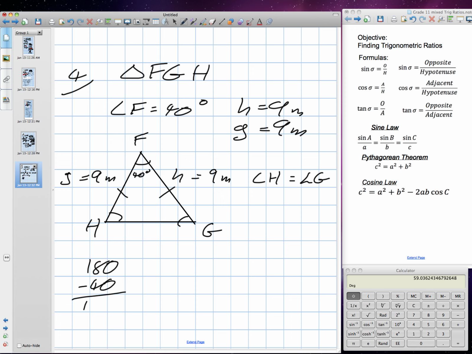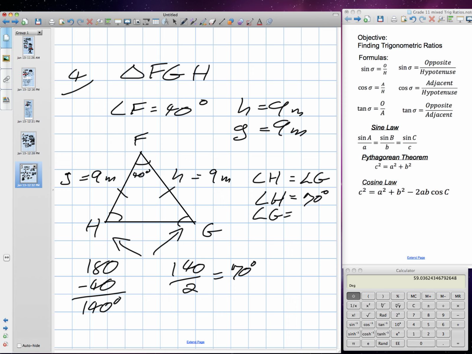I have 140 degrees to split between these 2. 140 divided by 2, each of those angles is 70 degrees. So angle H and angle G are 70 degrees.